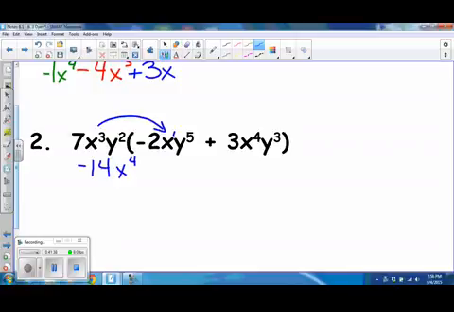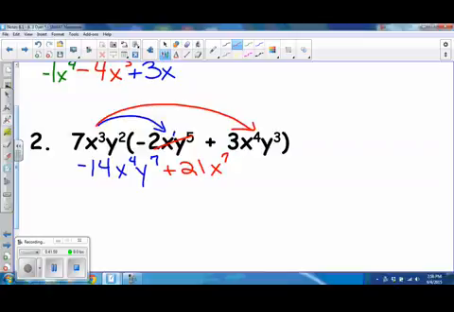Y squared times y to the fifth is y to the 7th. Okay? Then I'm going to distribute. I'm going to multiply it times this one. I'm done with that one. So 7 times 3 is positive 21. X to the third times x to the fourth, you add those exponents, so it's x to the 7th. Y squared times y to the third is y to the 5th. And you're done.